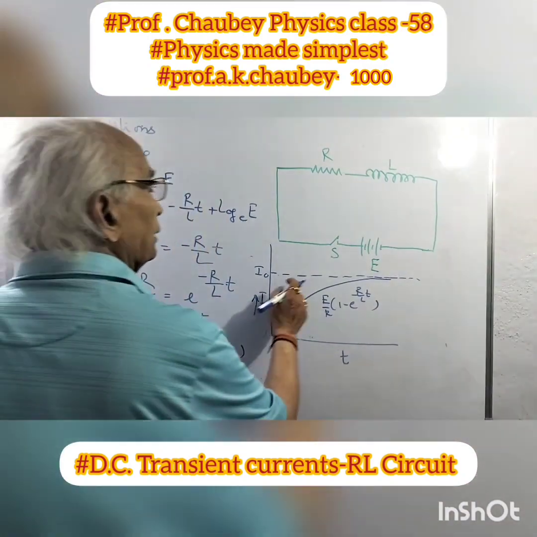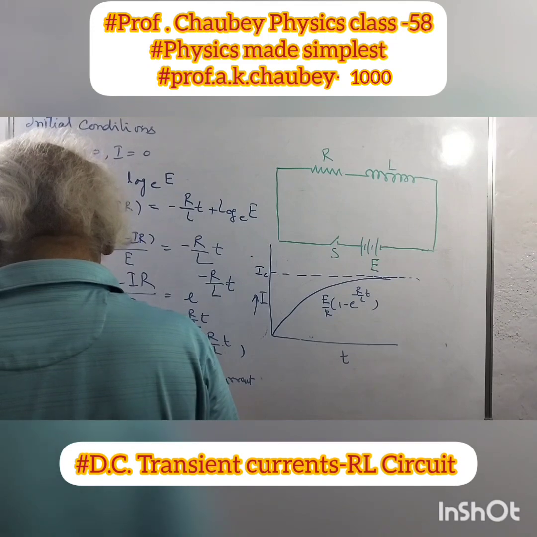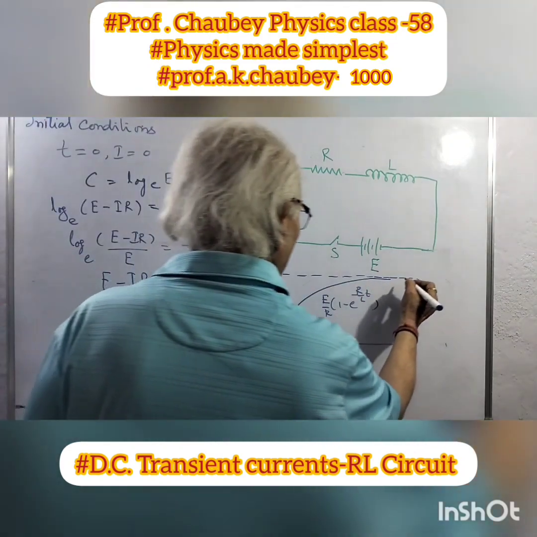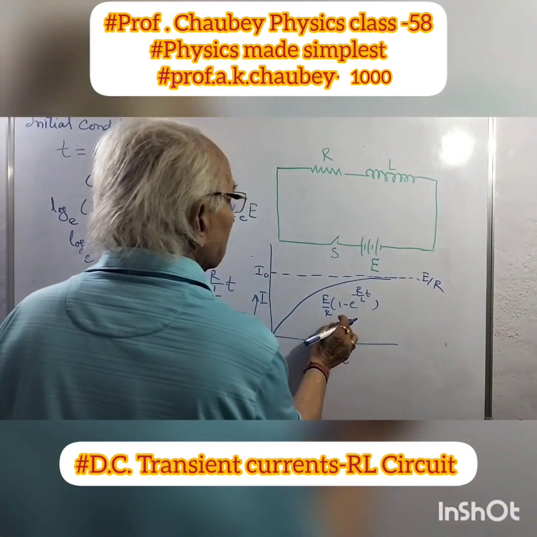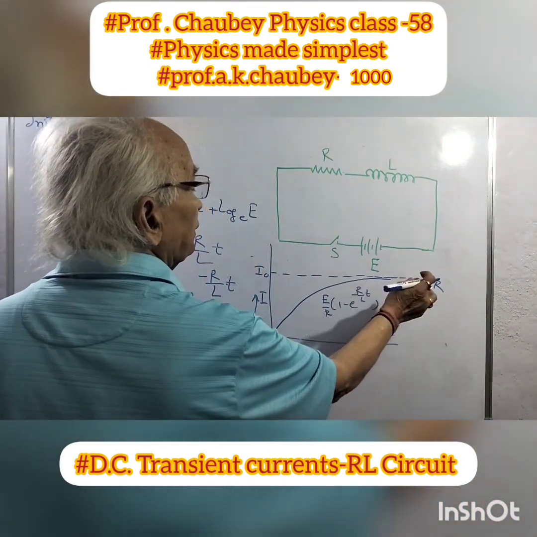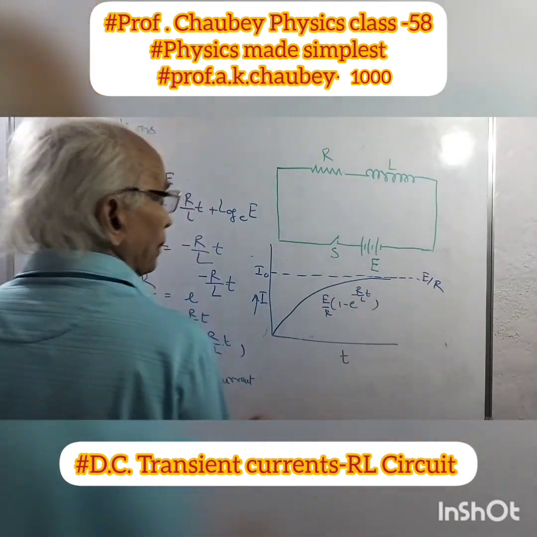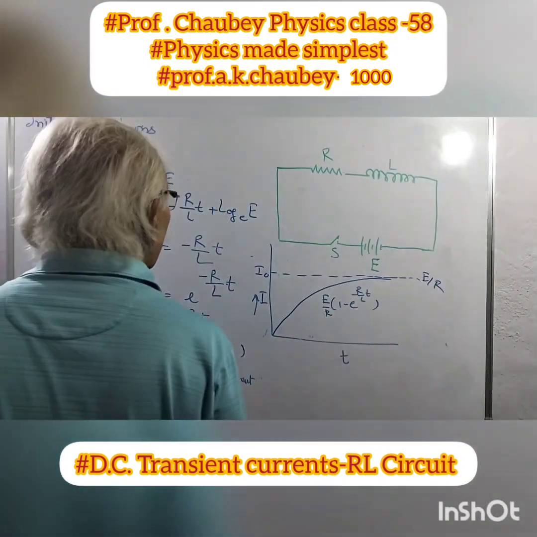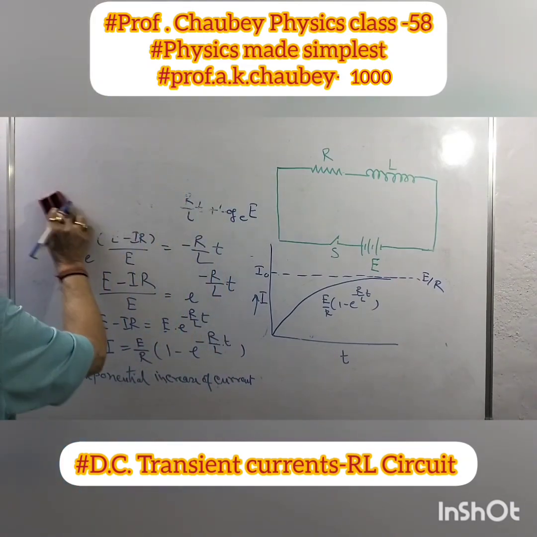So this is I naught, the value is maximum. I naught is equal to E over R. Maximum value is when t is infinity, this becomes 0. So this is E over R, maximum current. At infinite time, current becomes constant, and that is E over R.